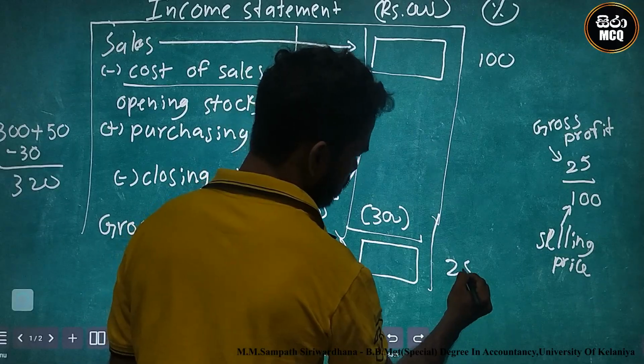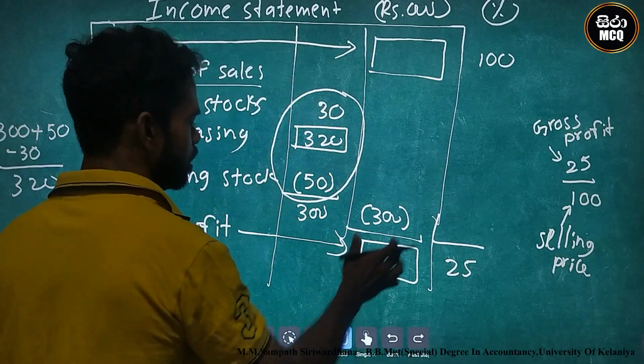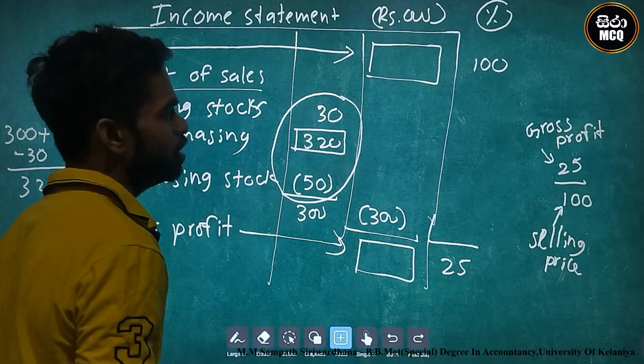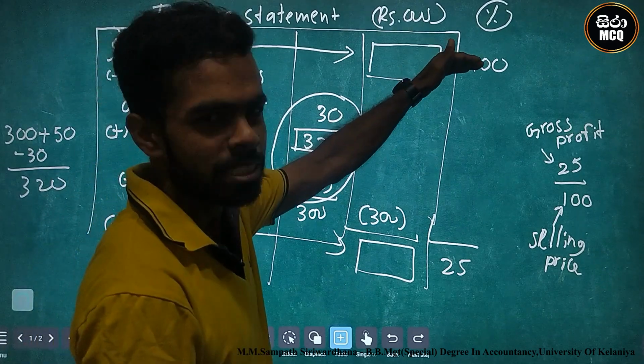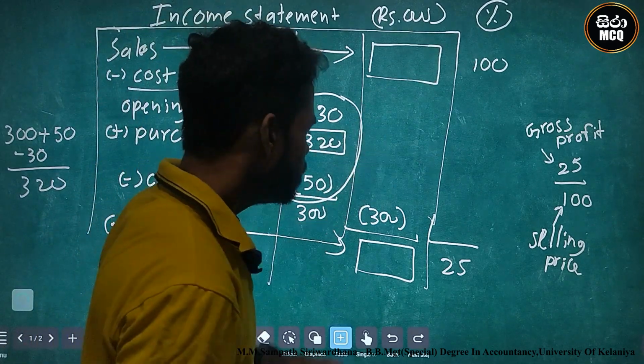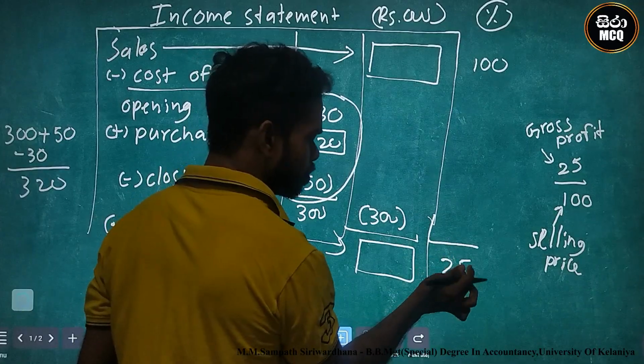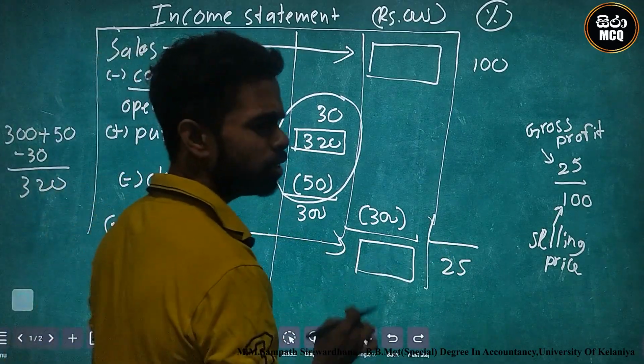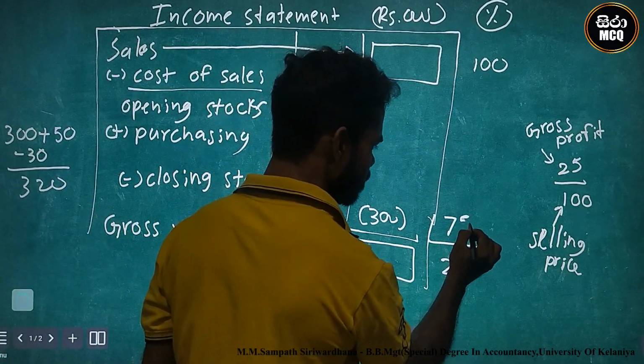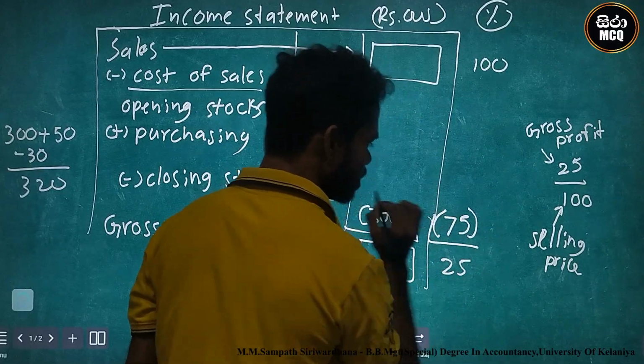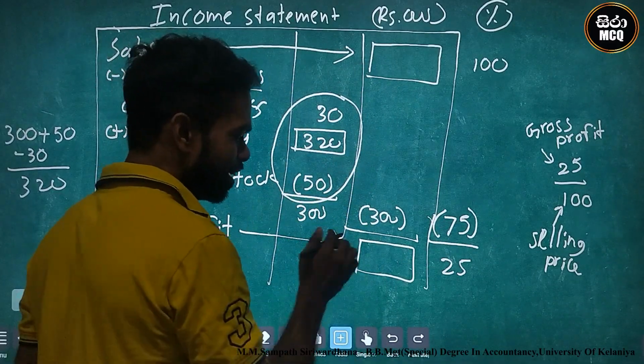What is the cost of sale? Sales value is 100. After the cost of sale deduction, the answer is gross profit 25. What is the cost of sale? It is 75.